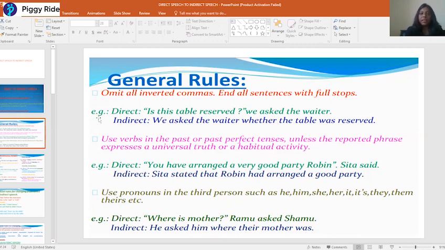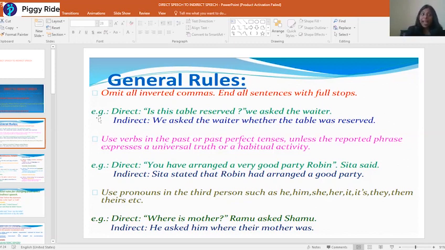The very first example, direct: "Is this table reserved?" We ask the waiter. Now we transfer it to indirect speech: We ask the waiter whether the table was reserved. So my dear kids, did you notice the changes? We omitted all the inverted commas and we ended all the sentences with a full stop.